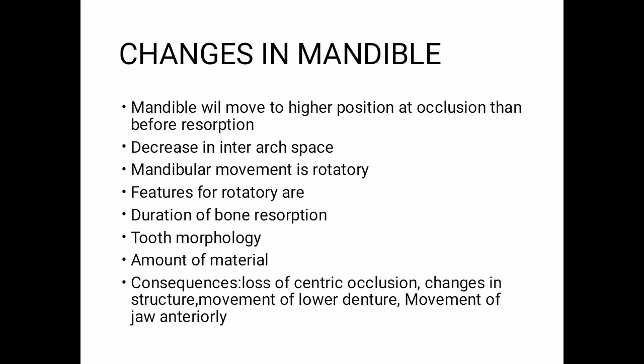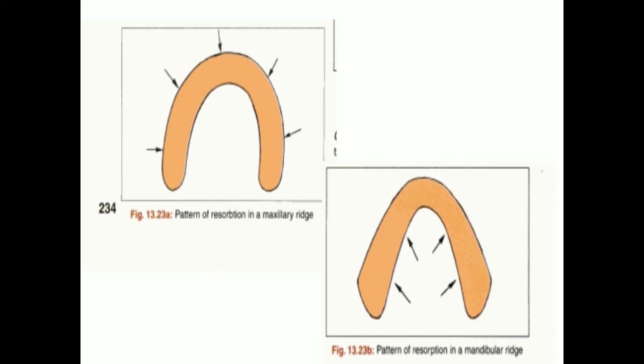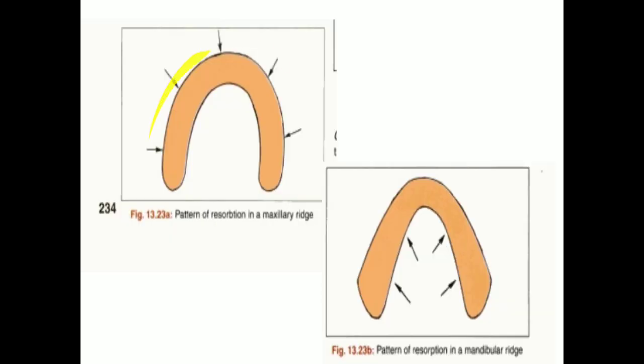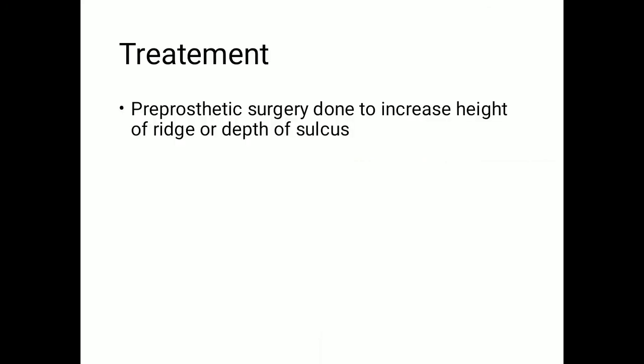Consequences of mandible changes occur due to loss of centric occlusion, changes in structure, movement of the lower denture, and movement of the jaw anteriorly. There is a pattern of resorption in the maxillary ridge and also a pattern of resorption in the mandibular ridge. Pre-prosthetic surgery is done to increase the height or depth of the ridge.